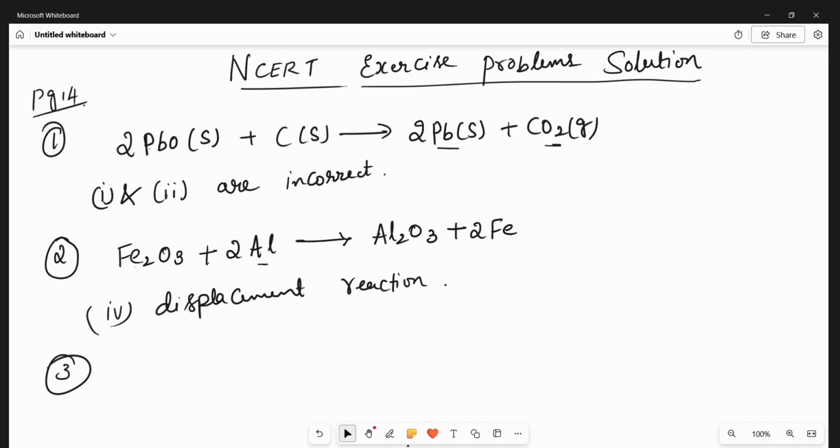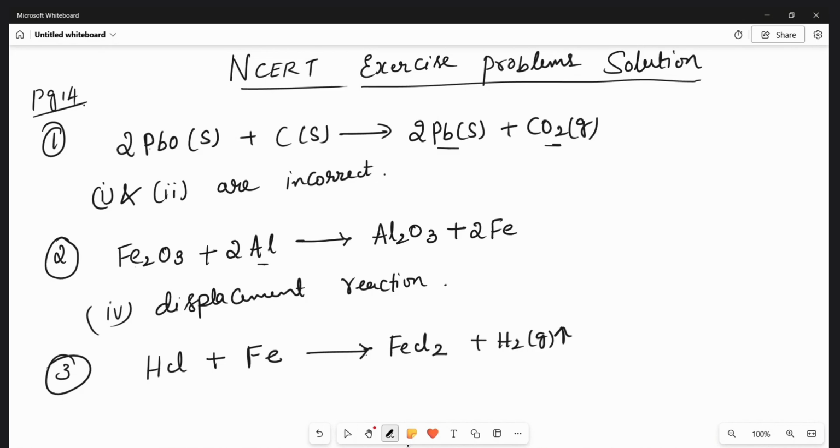Third one, what happens when dilute hydrochloric acid is added to iron filings? Dilute hydrochloric acid means HCl. When you add it to iron filings, we get FeCl2 plus hydrogen gas.